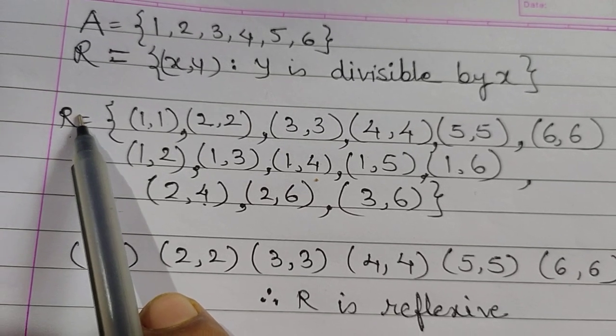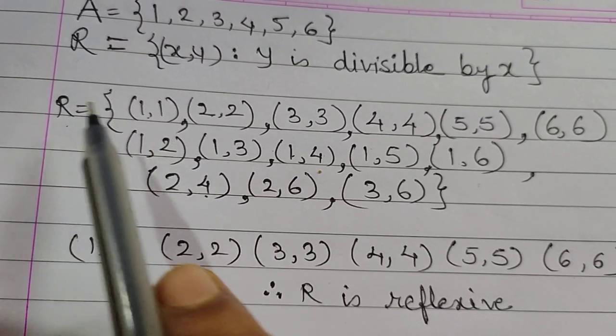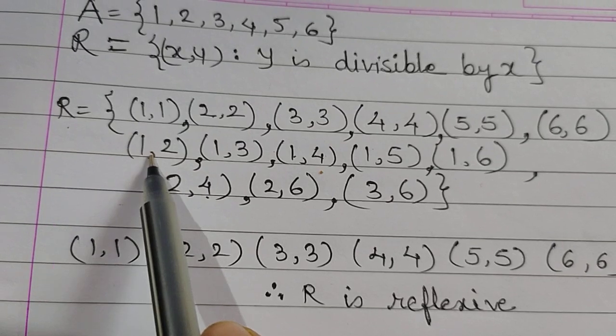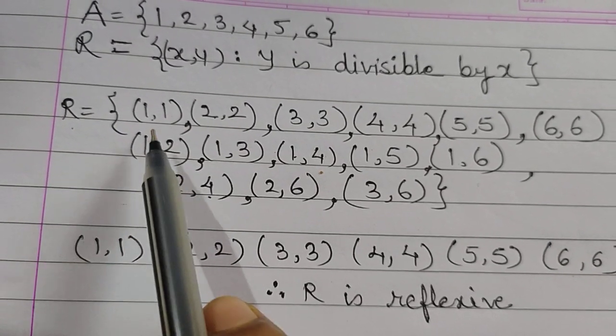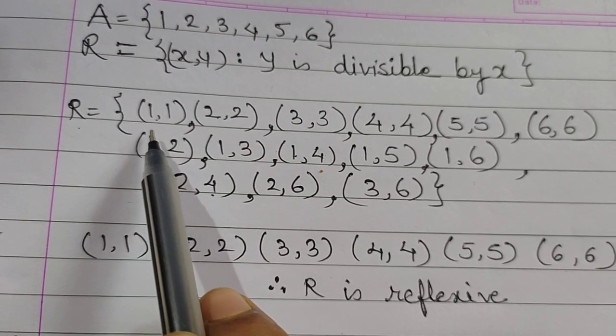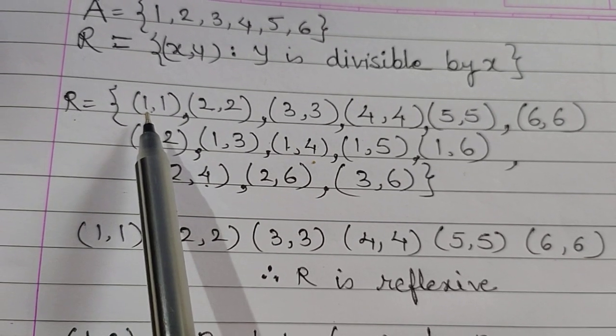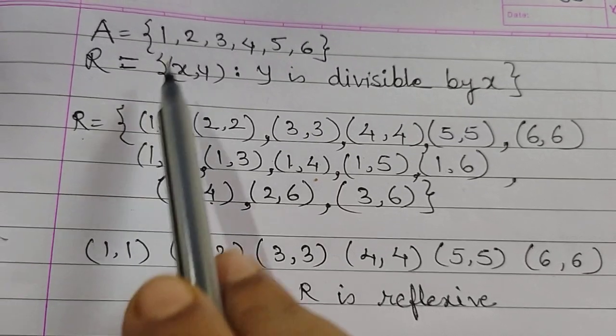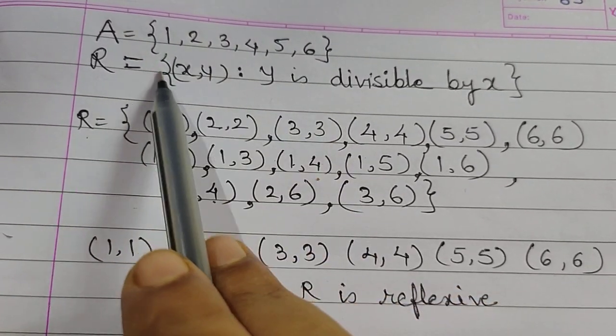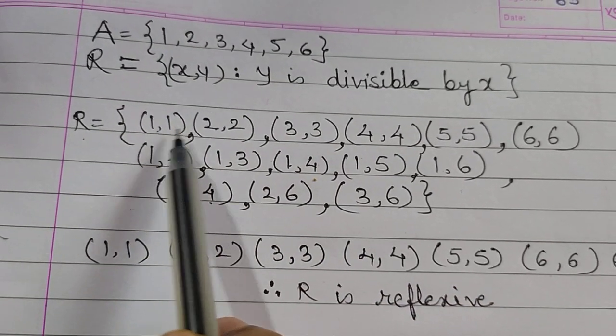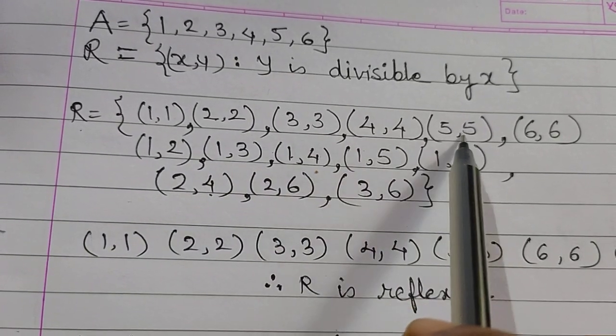Now we will check whether this relation R is an equivalence relation or not. It must satisfy the three conditions: it must be reflexive, symmetric and transitive. For the reflexive property, the elements of the set are 1 to 6, and in R we have (1, 1), (2, 2), (3, 3), (4, 4), (5, 5) and (6, 6).